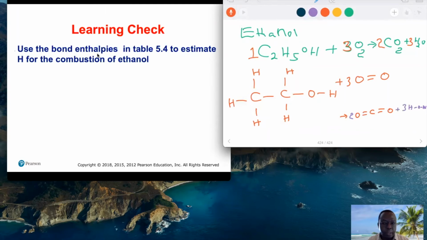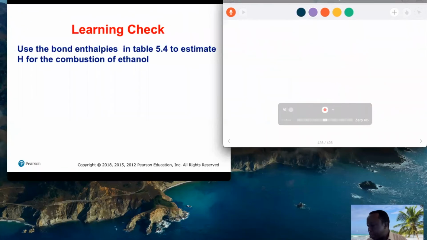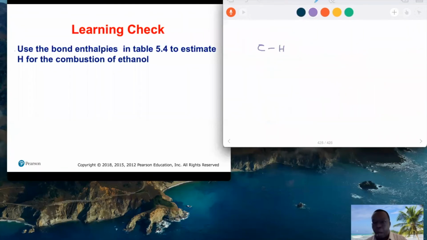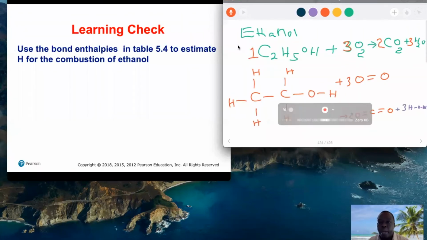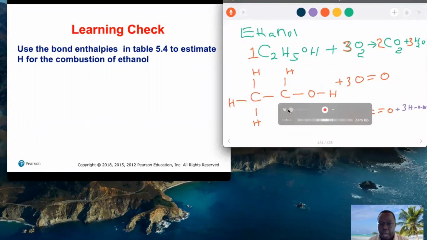In the product and the reagent, for example in the first reactant here, ethanol, we have to break the C-H bond, and you count how many you have. There's 1 here, 2, 3, 4, 5.